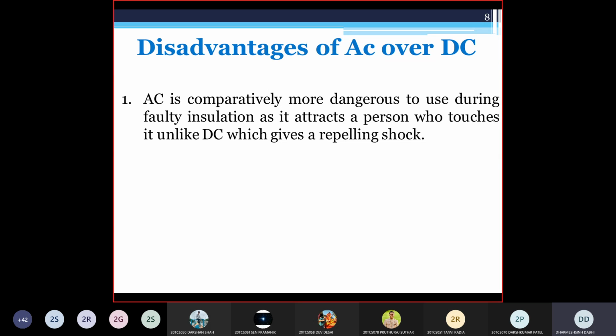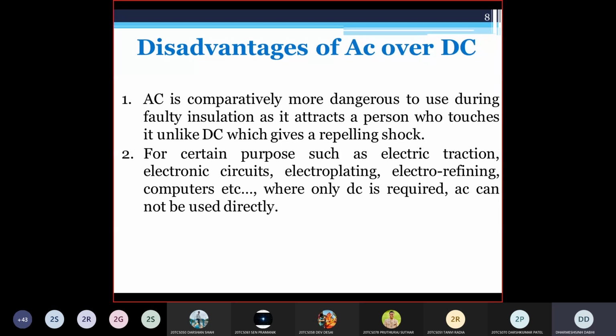To avoid shock to the person. Clear? So AC is more dangerous when your insulation becomes faulty. When insulation is removed from the conductor, and if any person touches that wire, that becomes dangerous. Clear? And AC attracts the person, whereas DC repels the person when a shock happens. So in that term, AC is dangerous as compared to the DC.